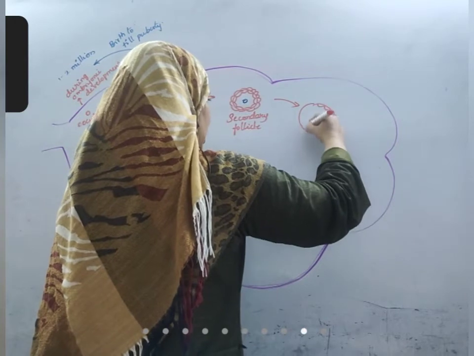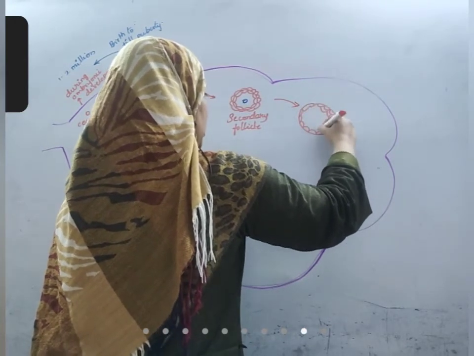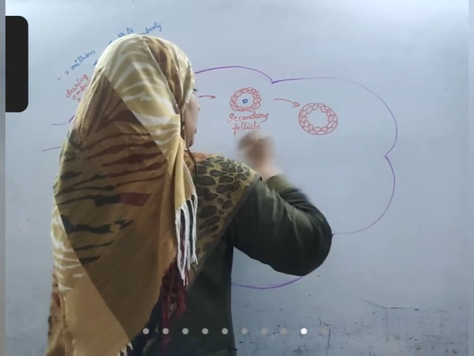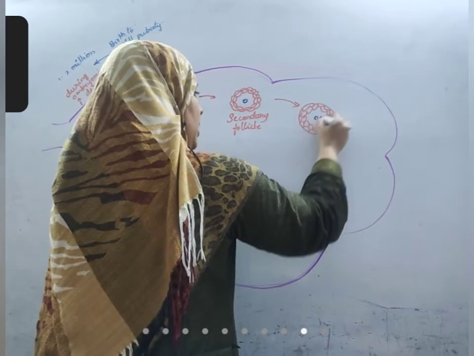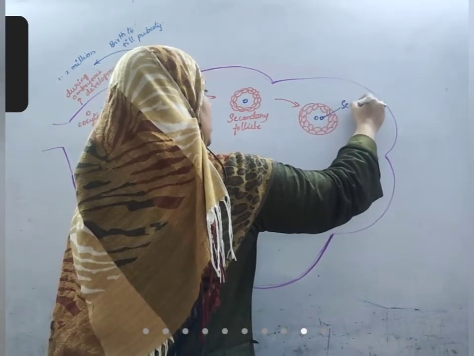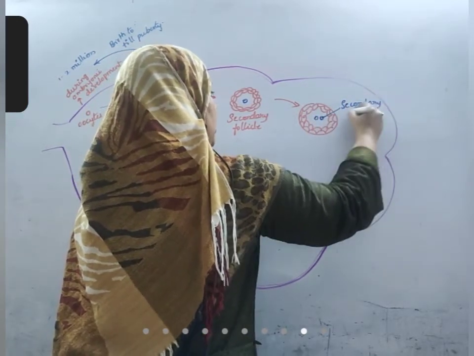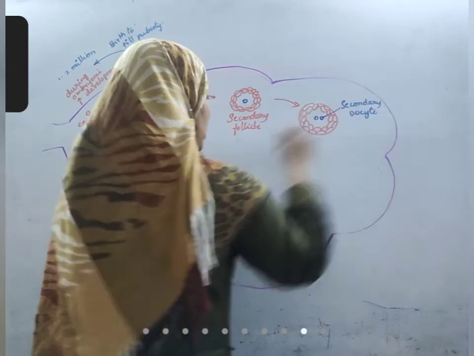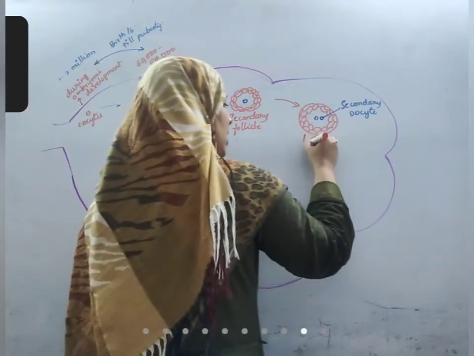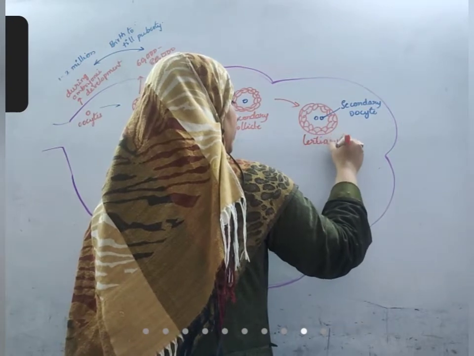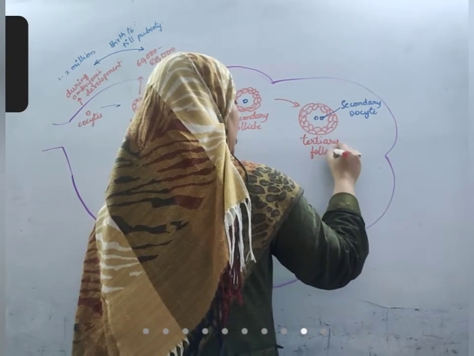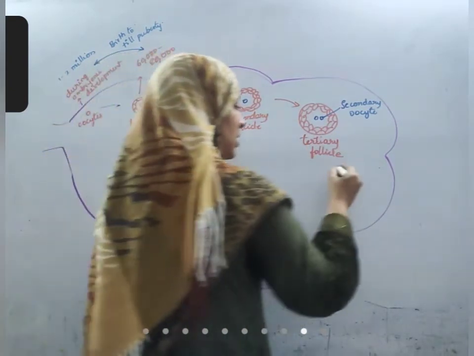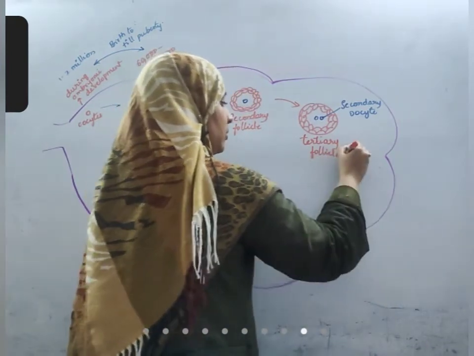So many outer layers, outer theca, inner theca, and the meiotic division completes. This is called the secondary oocyte. And this is the tertiary follicle. The tertiary follicle undergoes changes. What are the changes?